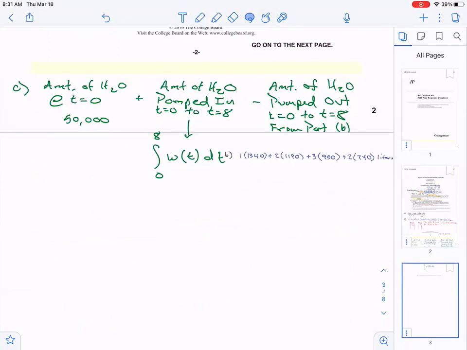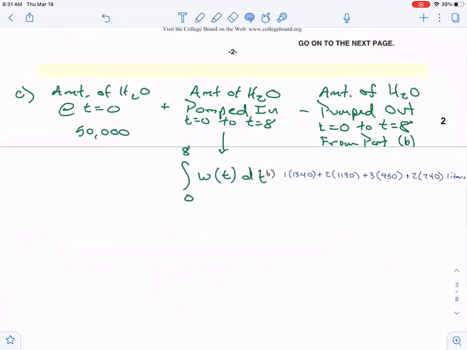And that's what I had from part B. Okay? Now, I need to make sure that I subtract that. So I'm going to put a subtraction sign, and I'm going to put brackets around that. Okay? So I've got my 50,000.